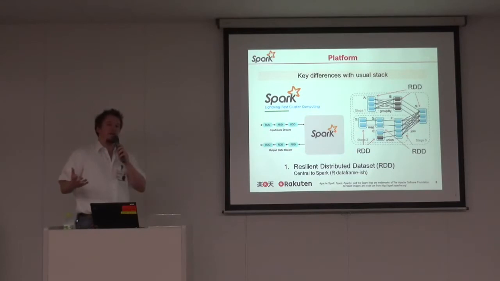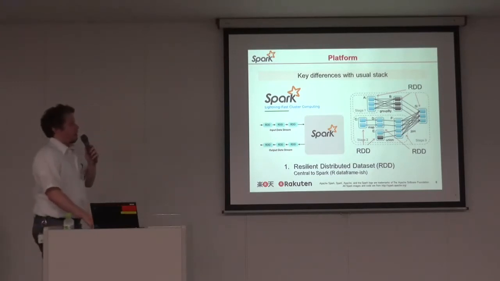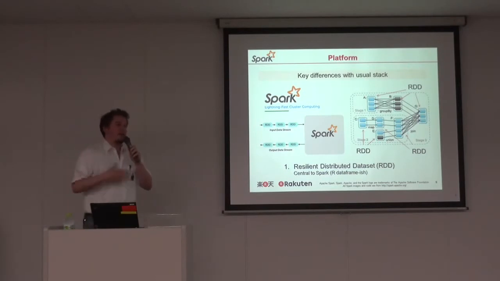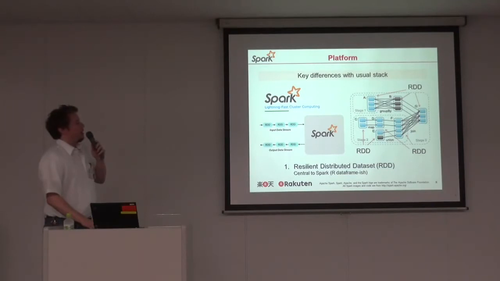In R, everything is around the data frame. Or in Python, if you use pandas, everything is also a data frame. RDD is more abstract than the data frame. A data frame has specific types. It's not the case for the RDD, but the idea is the same. And so everything revolves around that in Spark. When you do several operations in a chain, everything is just transformation from one RDD to another, and so forth, with some end operation, for example, saving to HDFS or things like that.